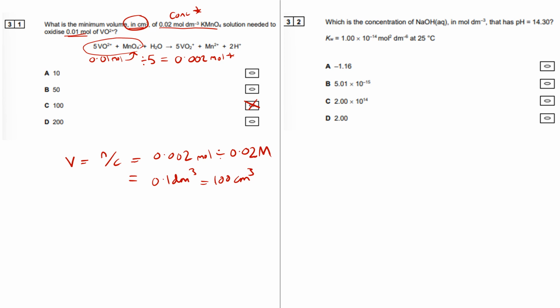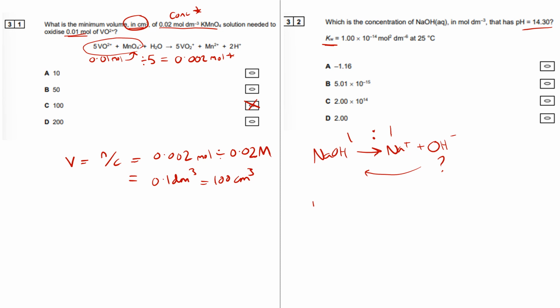Question 32. What's the concentration of sodium hydroxide in moles per decimetre cubed that has a pH of 14.3? You're given the Kw value. So because sodium hydroxide is a strong base, it fully dissociates in solution. Whatever the concentration of hydroxide is, which we're going to work out in a minute, you'll be able to work out the concentration of NaOH because it's a 1:1 ratio.